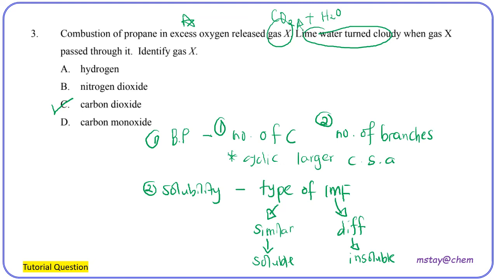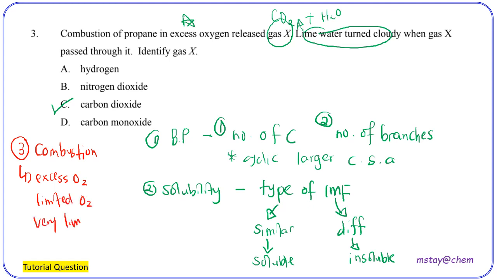Then we also discussed one chemical property, which is combustion. We have three conditions of combustion: excess oxygen, limited oxygen, and very limited oxygen. The products are carbon dioxide, carbon monoxide, and carbon respectively. And don't forget, all these three generally will produce water.